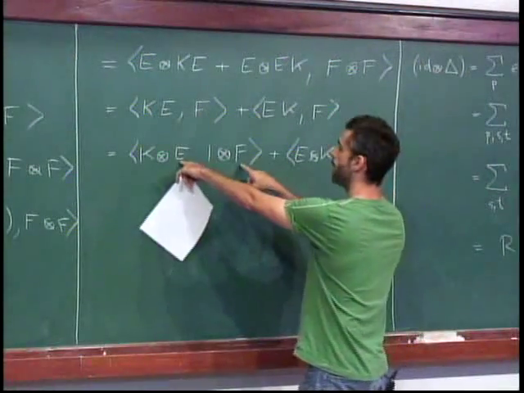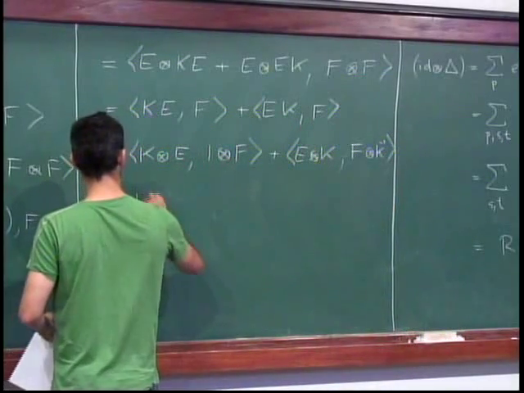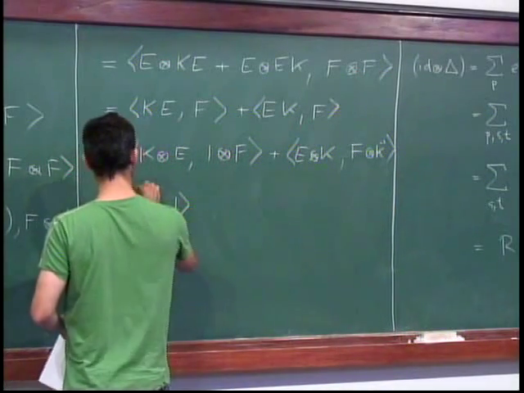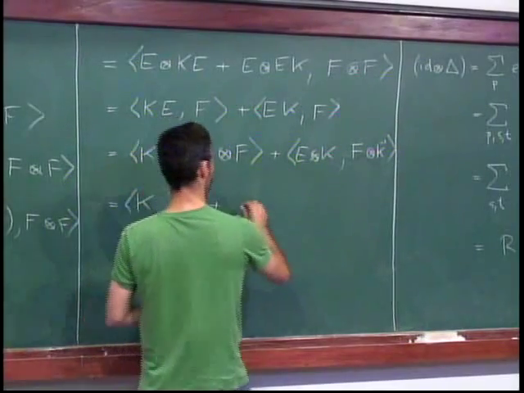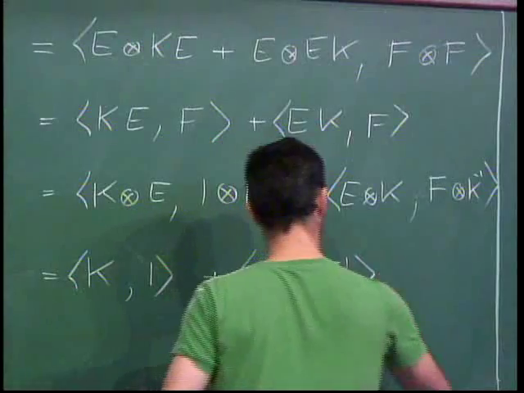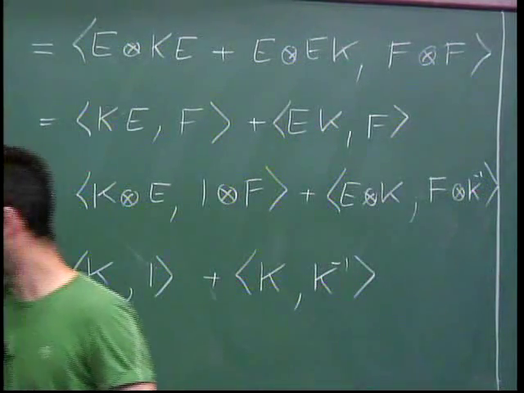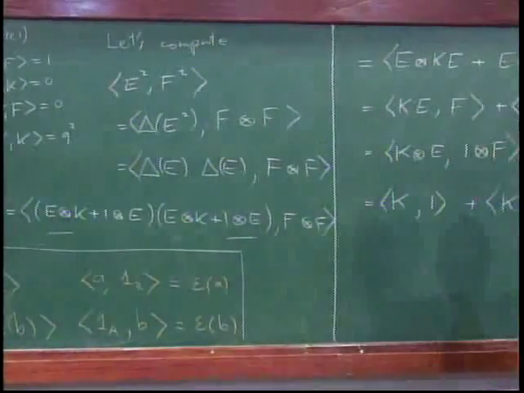Again, I have this E paired with F that can go away. So that is K paired with 1 plus K paired with K inverse. K paired with 1, we use that formula. That's epsilon on K, which is 1.